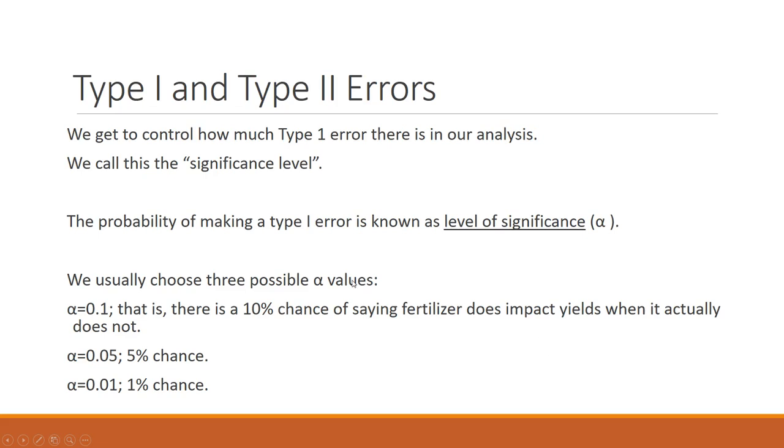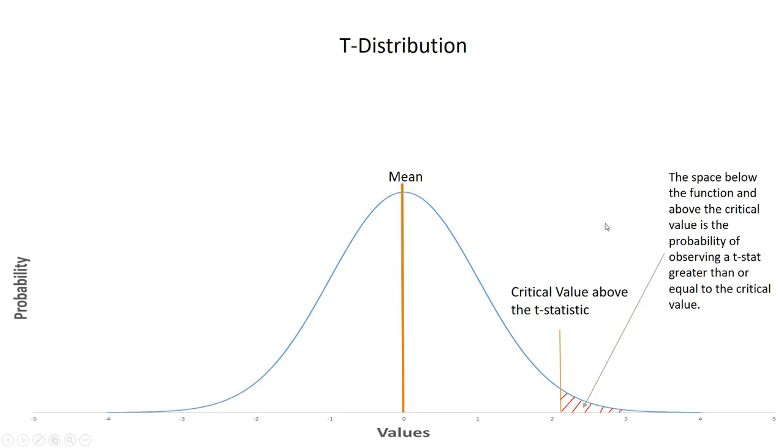Let's make that more clear. We get to control how much type 1 error there is in the analysis. We call this the significance level. The probability of making a type 1 error is known as the level of significance, or alpha. That means the area here above the critical value is alpha.